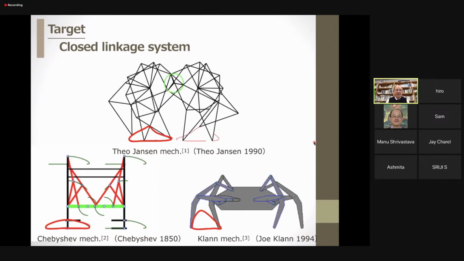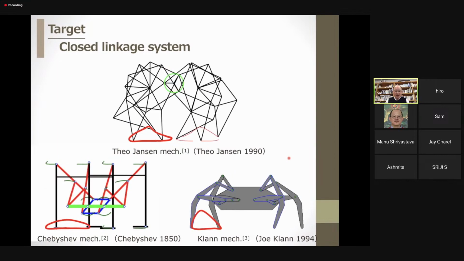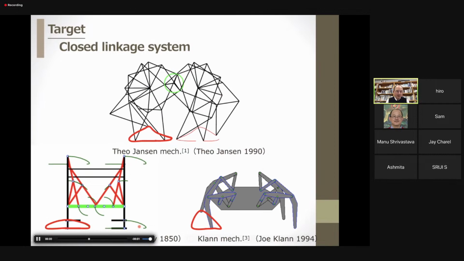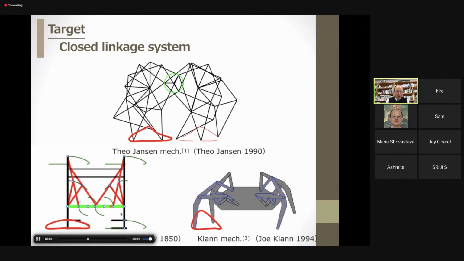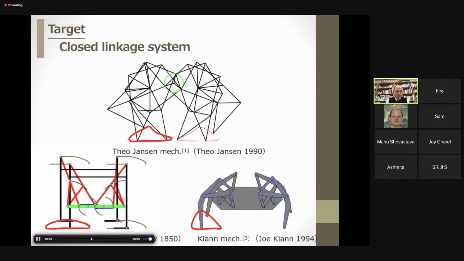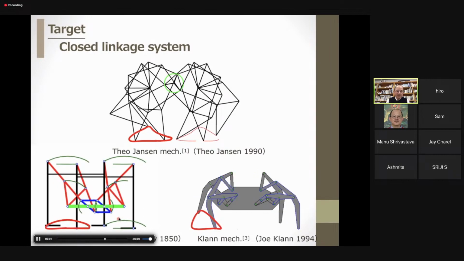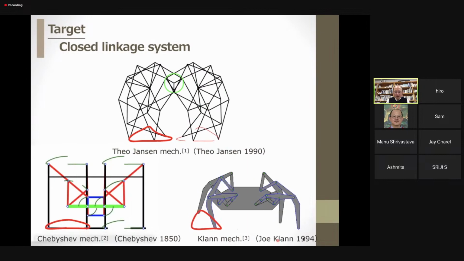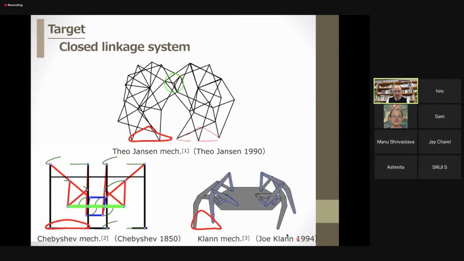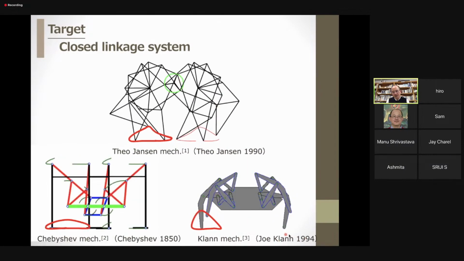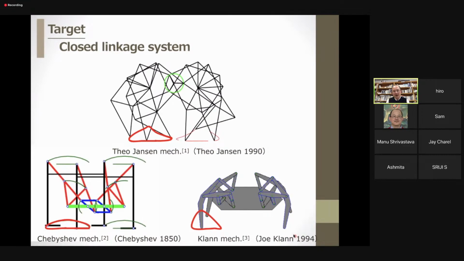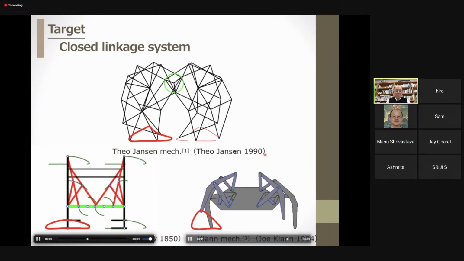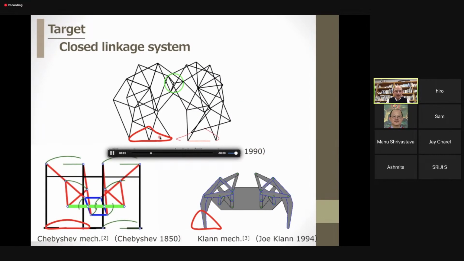There are some similar mechanisms proposed a long time ago, like the Chebyshev mechanism, formed by linkages, which generates a walking pattern simply. The Klann mechanism, 1994, mimics the motion of a spider. Theo Jansen, 1990, provides a smooth trajectory in this sense by linkage.